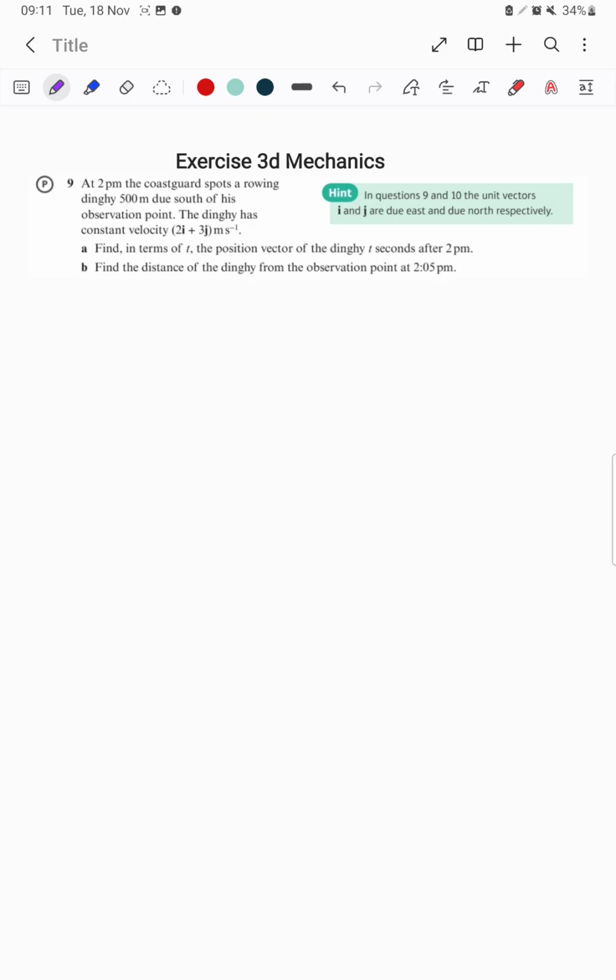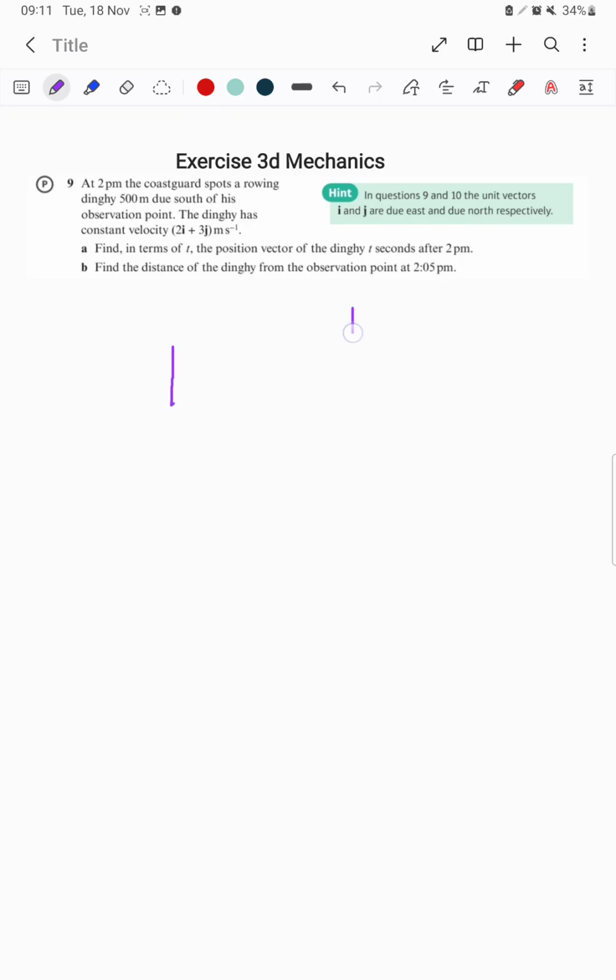At 2 p.m. the Coast Guard spots a rowing dinghy 500-meter due south of his observation point. So what information can we get from this line? What is the initial position vector of the object? It is given 500-meter due south, so that means it is in the downward direction.